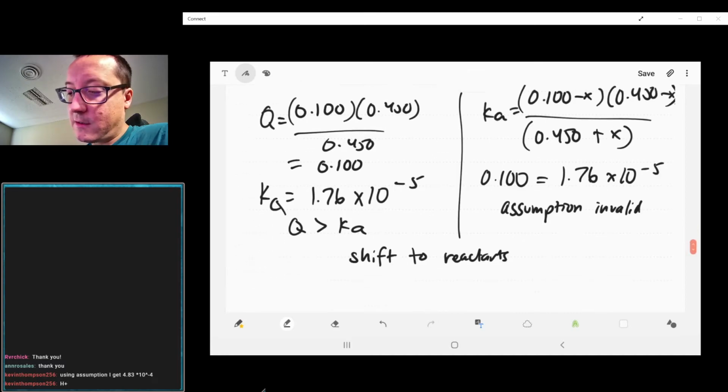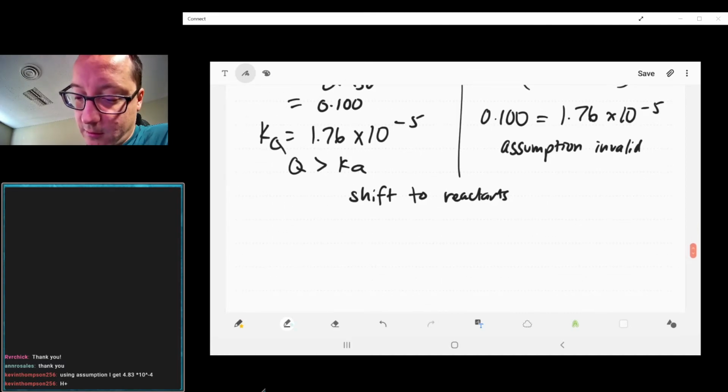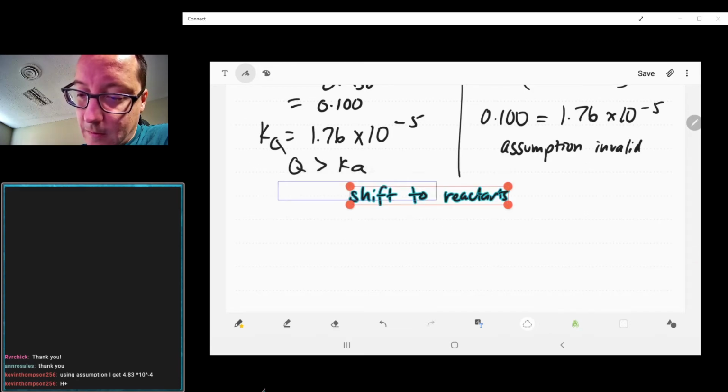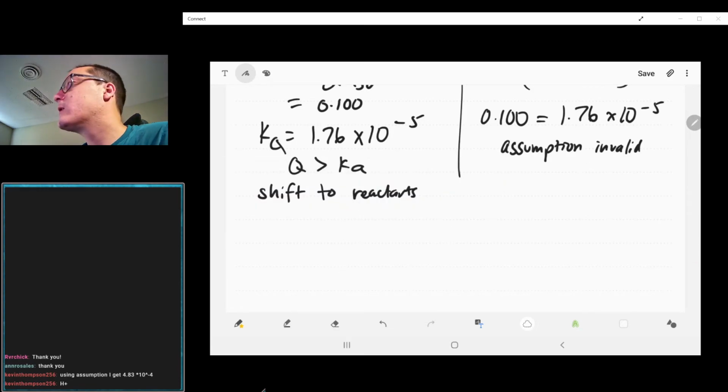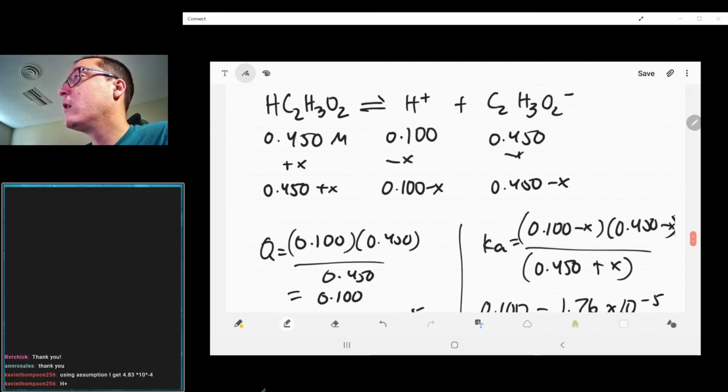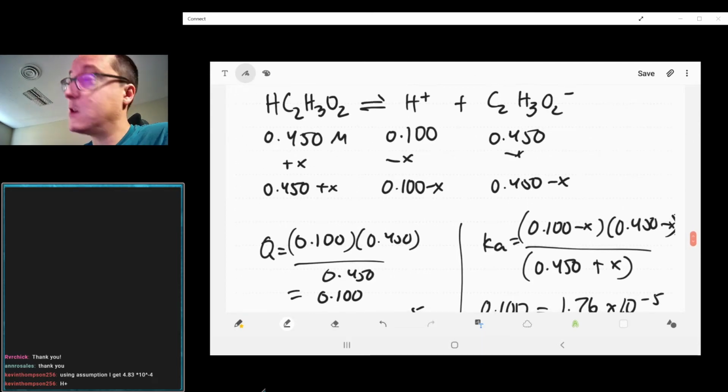Doing all this, you need to shift to reactants. Let's go ahead and solve for x here. We get x equals two options, one of which is not valid.